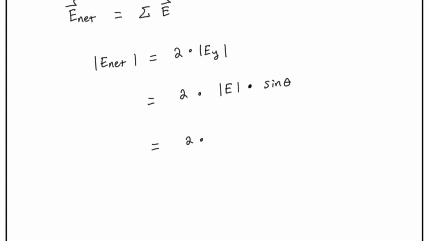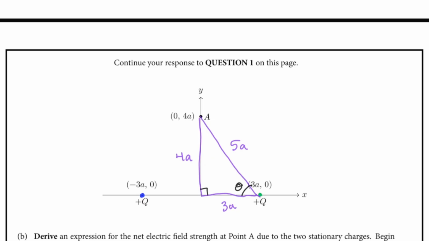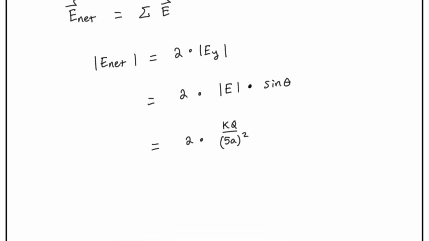So we know that E is kq over r squared, where r is 5a in this problem, because 5a is the distance. And then sine theta is opposite over hypotenuse, because SOH CAH TOA, sine is opposite divided by hypotenuse.